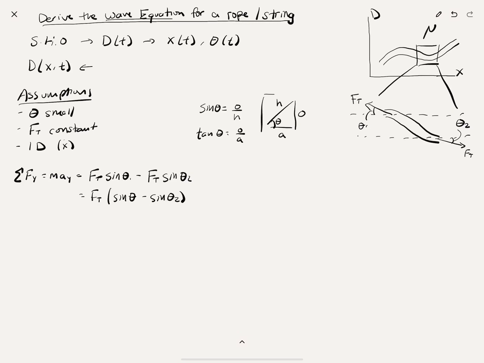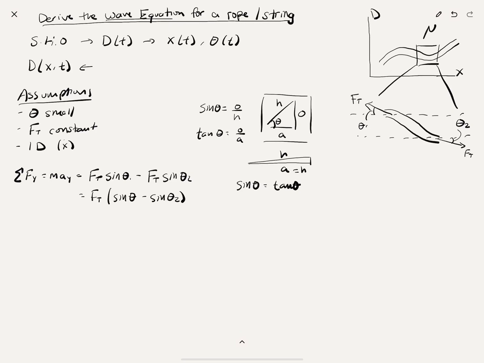Now watch what happens when I take this triangle and make the angle really small. When that happens, the adjacent side is roughly equal to the hypotenuse. So we can go ahead and rewrite all of our sine thetas as tan thetas.